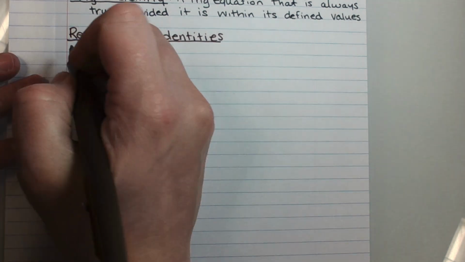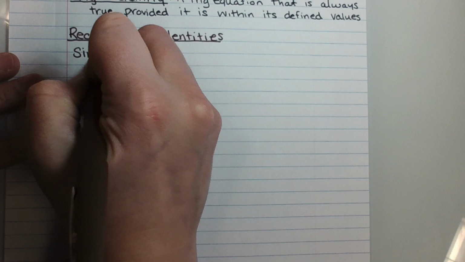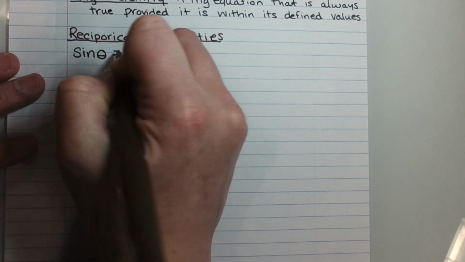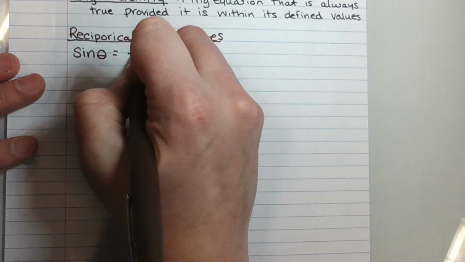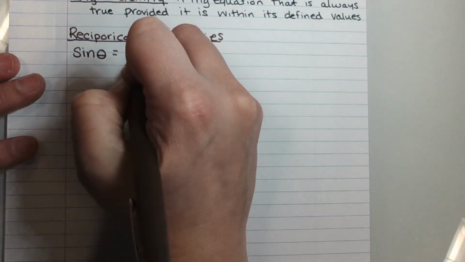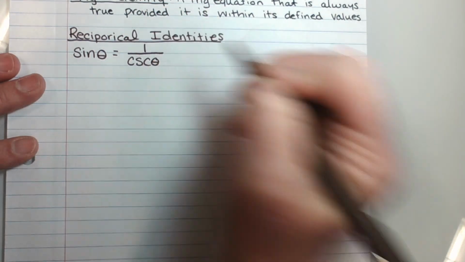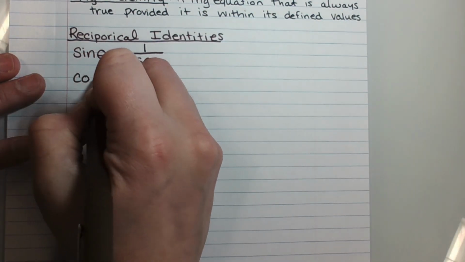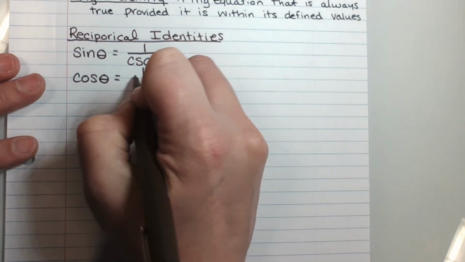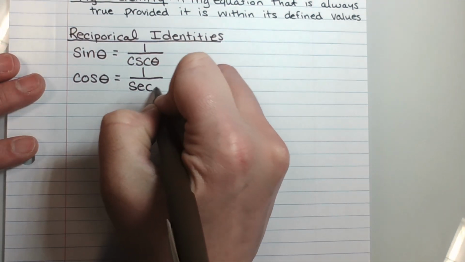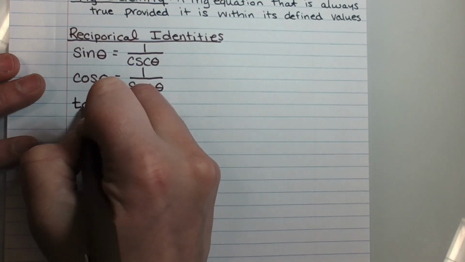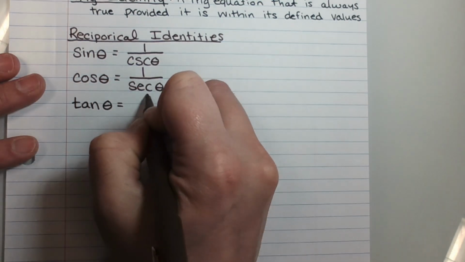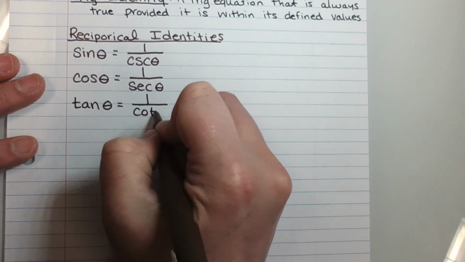It's this idea that sine is the reciprocal of cosecant. And that cosine is the reciprocal of secant. And that tangent is the reciprocal of cotangent.